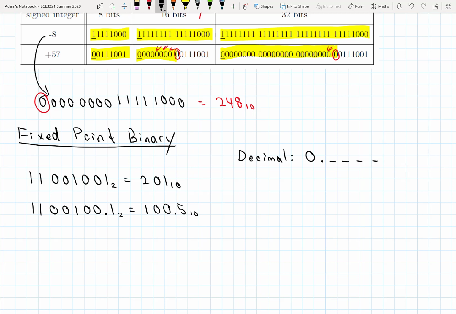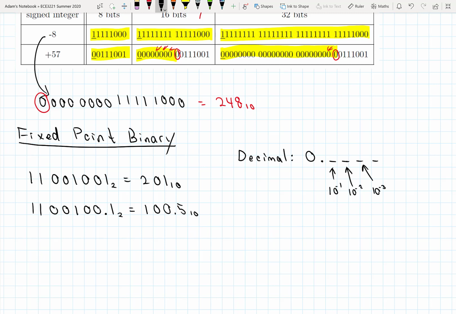This is 10 to the minus 1, 10 to the minus 2, 10 to the minus 3, which is the weight of that position.